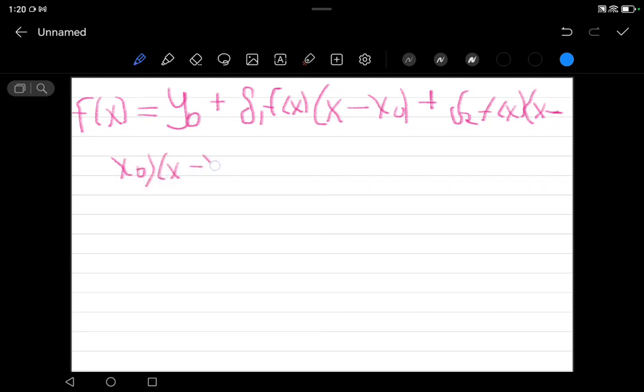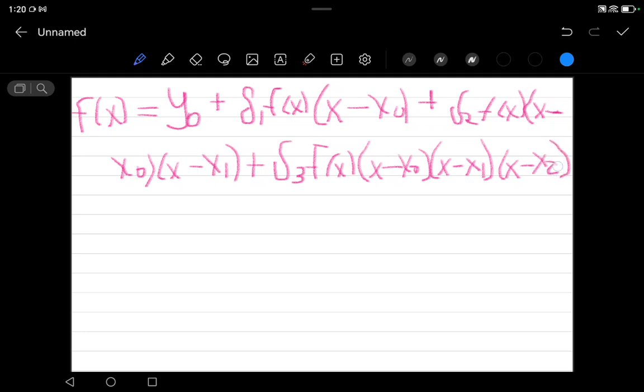x minus x1, okay, plus delta 3 f of x into x minus x0, x minus x1, x minus x2.